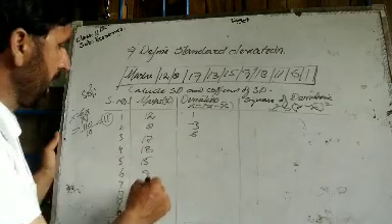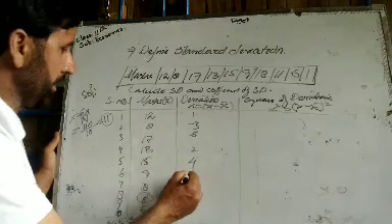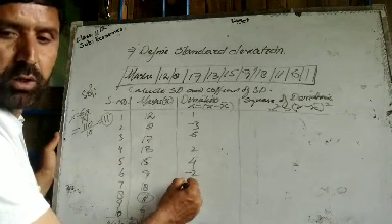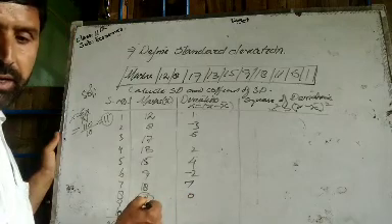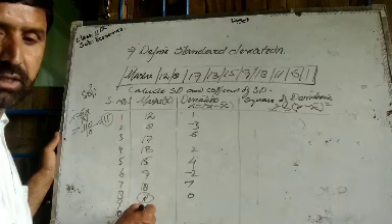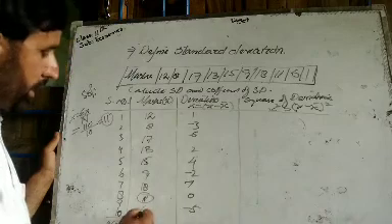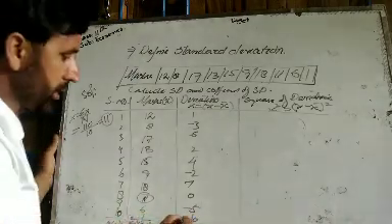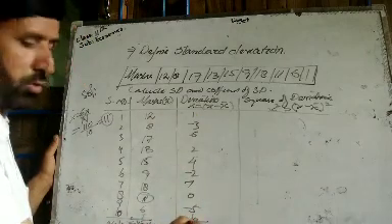Similarly, 13 minus 11 is equal to 2. 15 minus 11 is equal to 4. 9 minus 11 is equal to minus 2. 18 minus 11 is equal to 7. 11 minus 11 is equal to 0. 6 minus 11 is equal to minus 5. And 1 minus 11 is equal to minus 10. So dear students, when we add these, summation of x is equal to 0.